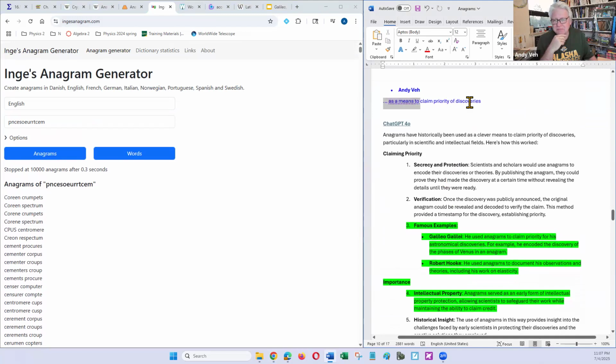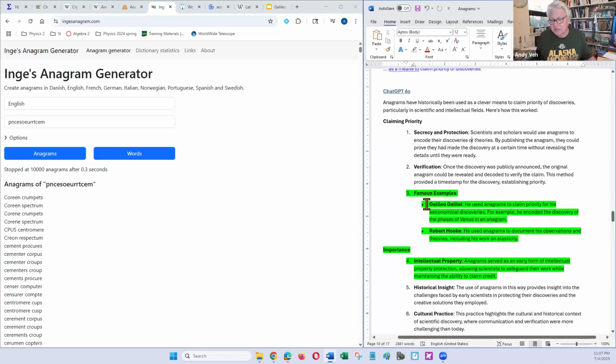All right, let's go a little further here. So as a means to claim priority of discoveries, that's where I'm coming from. And in fact, it gives me some famous examples, at least for me, because I'm teaching physics and astronomy and math. So I'm familiar with a number of them. And this is the person that I was thinking of, Galileo Galilei, who used anagrams.